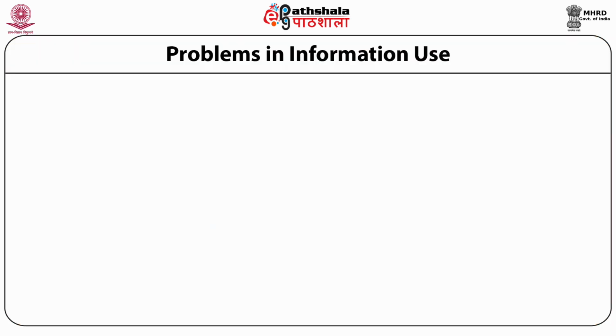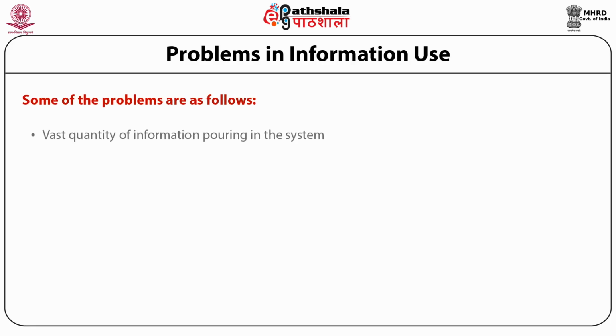While making use of the information and seeking information from various sources and resources as available in the academic library, users confront some problems in information use. These problems include the vast quantity of information pouring into the system every day, every week, every month, every year.